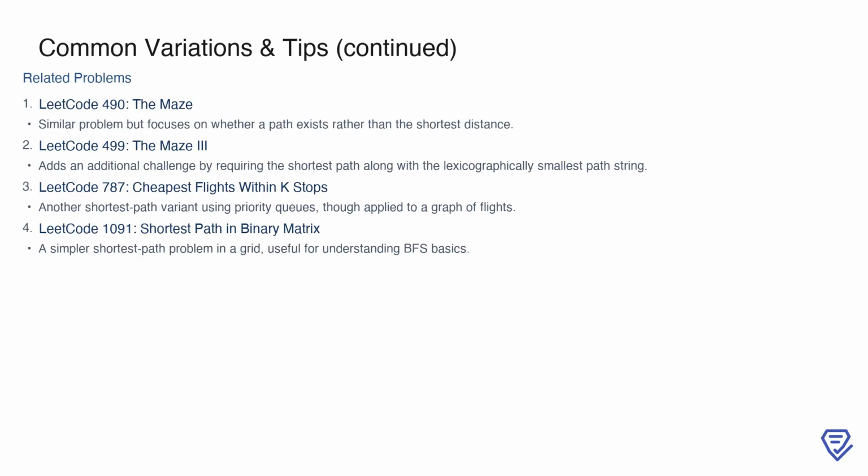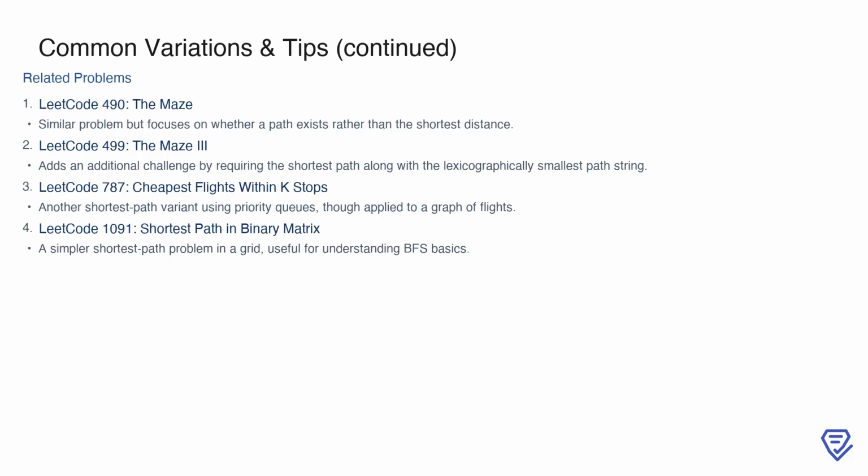This problem is part of a broader family of related challenges. For example, LeetCode 490, The Maze, focuses on determining whether any path exists between 2 points, rather than finding the shortest path. LeetCode 499, The Maze 3, builds on this by requiring not only the shortest path but also the lexicographically smallest path string when paths are tied.